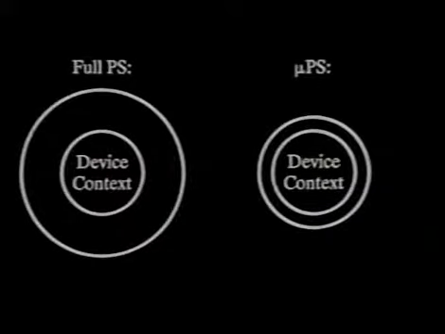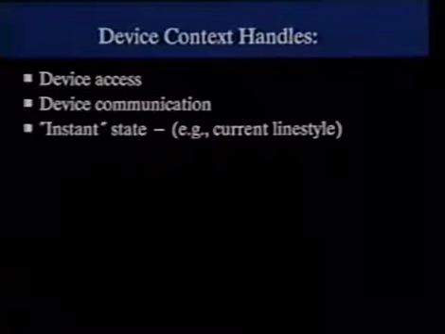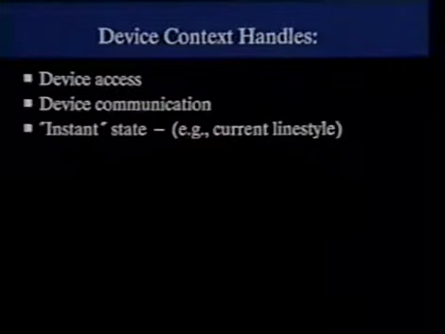Now, the device context itself has as its responsibility the handling of device access, that is, acquiring control or ownership of the device and turning it on and off and initializing it and so forth. It handles communication with that device, however that may be, through whatever channel. It performs instantaneous state. That is, typically the only state the device remembers is that it's currently drawing lines which are wide and dotted.